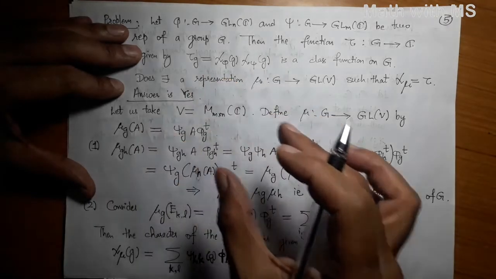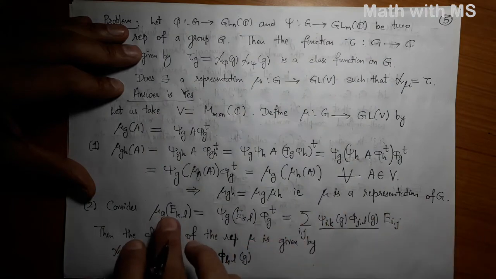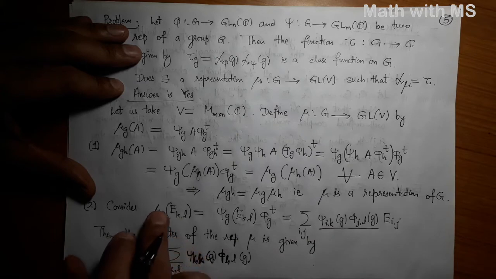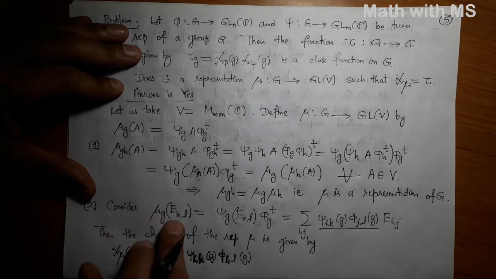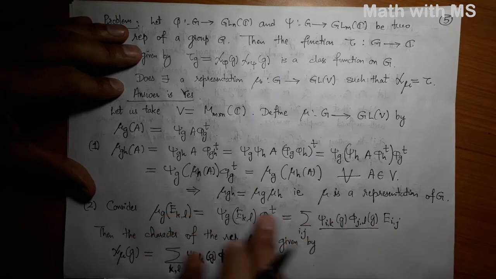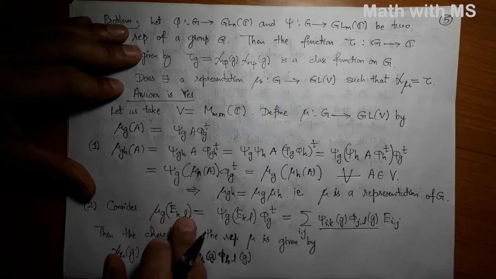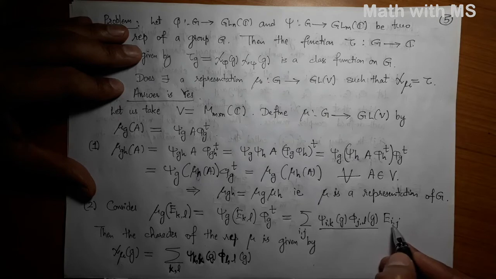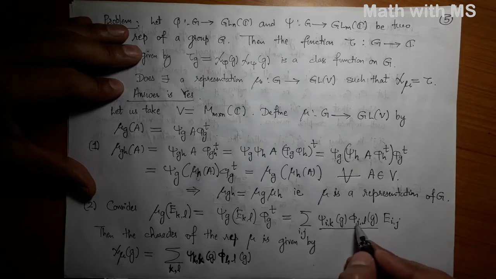It is the sum of the diagonal entries, and you know how it acts on the basis E_KL. So the trace is the sum of the coefficients of E_KL when you evaluate mu_g at E_KL. That means you look at the coefficient when i is k and j is l. When i is k, it becomes psi_kk(g), and when j is l, it becomes phi_ll(g). So the character value is psi_kk(g) into phi_ll(g), and the summation runs over k and l.